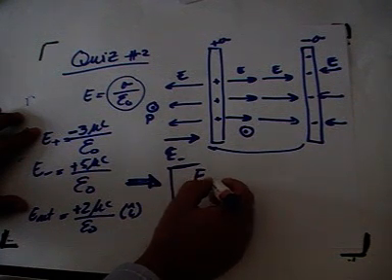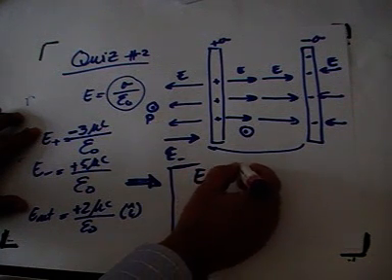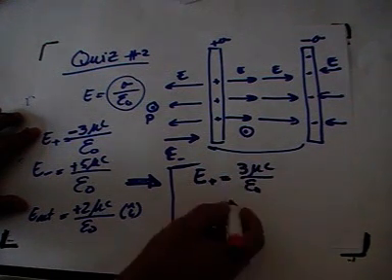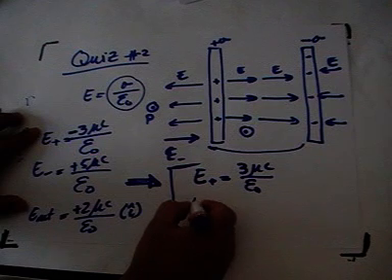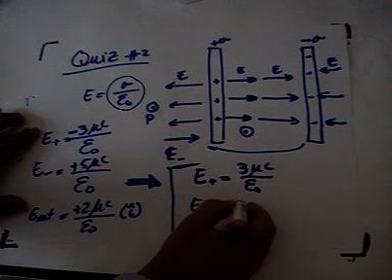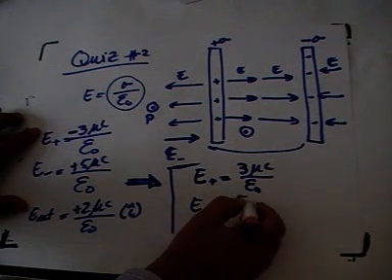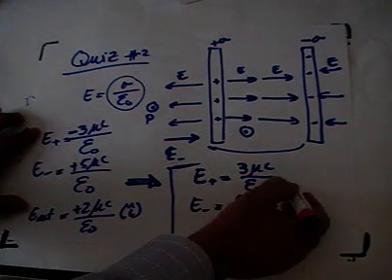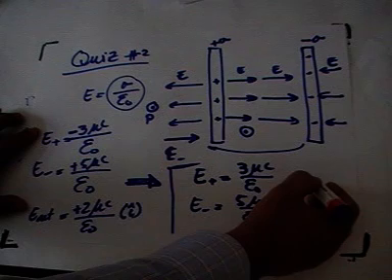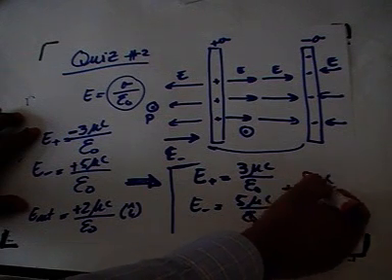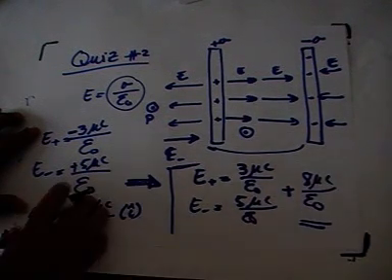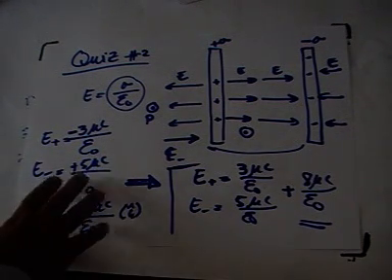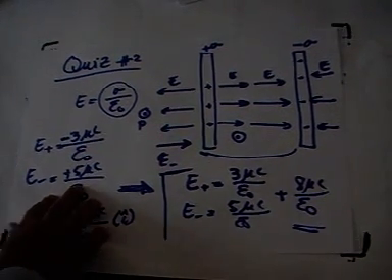E positive is still equal to 3 microcoulombs over epsilon, and E negative is also equal to 5 microcoulombs over epsilon. Both are directed in this direction, so when you add them, E net will be 8 microcoulombs over epsilon, and that's the solution for this problem. That's question number 4.